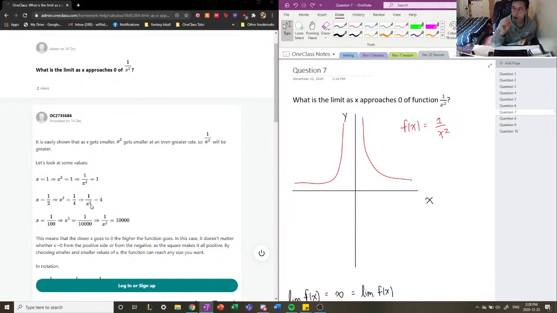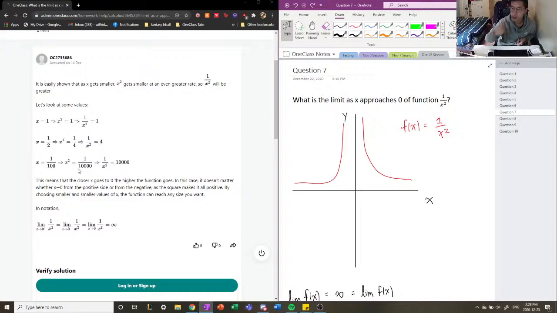So as we get smaller and smaller decimals, so 1 over 100, 1 over 1,000, we get bigger and bigger numbers. Because of that, we know that as x approaches 0, we're going to tend towards huge numbers, or infinity. Another way that you can calculate limits is by using test values.